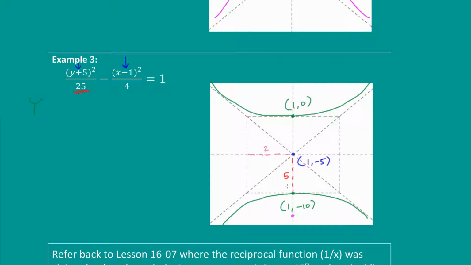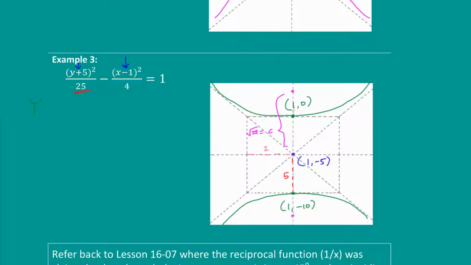The last thing I'll ask would be the foci. So where the heck are the foci? Well, isn't that going to be our C value? So a squared plus b squared equals c squared. 5 squared, 25. 2 squared, 4. 25 plus 4 is 29. C squared equals 29, so that means that C equals the square root of 29.